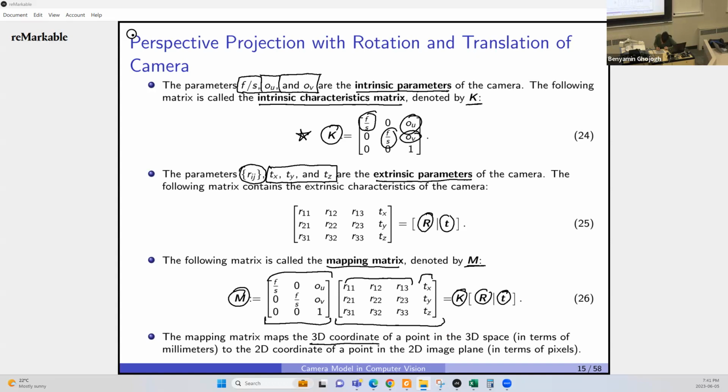It maps the 3D coordinate of a point in the 3D space in terms of millimeters to the 2D coordinate of a point in the 2D image in terms of pixels. Do you remember? We compensated by division by s in the intrinsic parameters. We changed the millimeters to pixels in the image. We already did that. So we have 3D millimeters to 2D pixels.